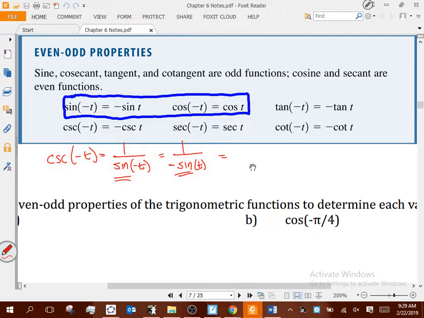But what is 1 over sine? Cosecant. So in these little proofs, what we're doing is we're getting rid of the cosecant, writing it in terms of its reciprocal, which you might think is redundant or unnecessary, because then we go back into that reciprocal. We go from cosecant to 1 over sine, and then we go back into cosecant. And you're thinking, well, why do we do that? The reason we have to do that is so that we can transform that negative argument to a positive argument. Okay?